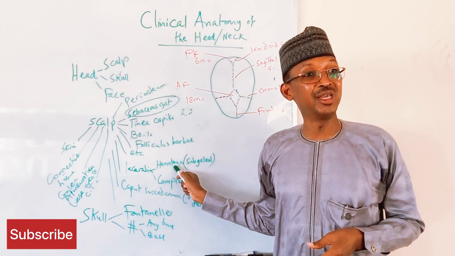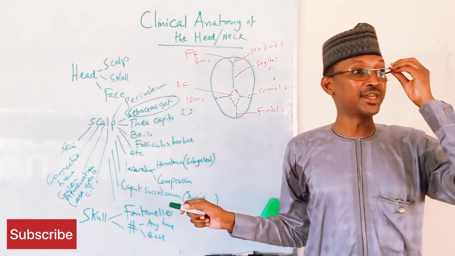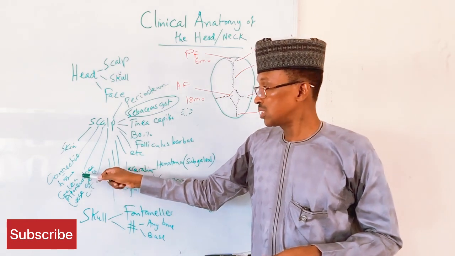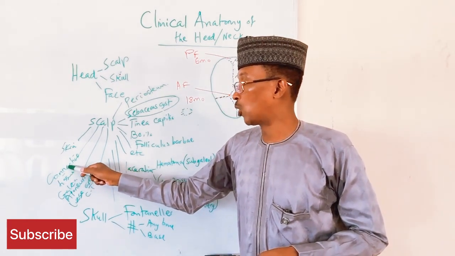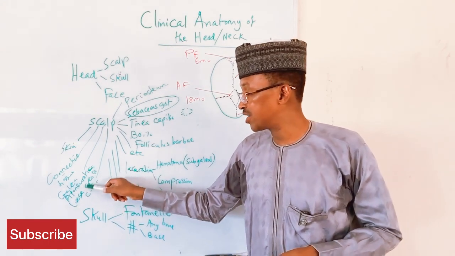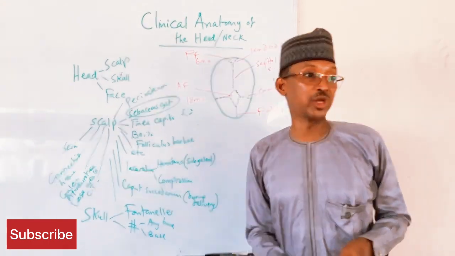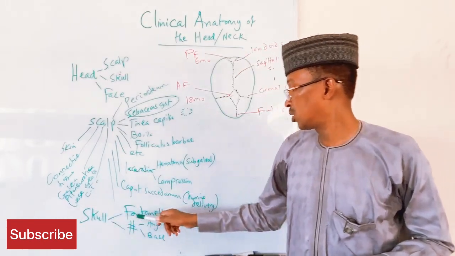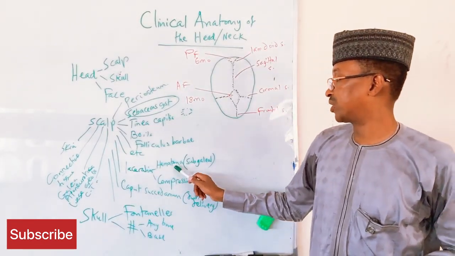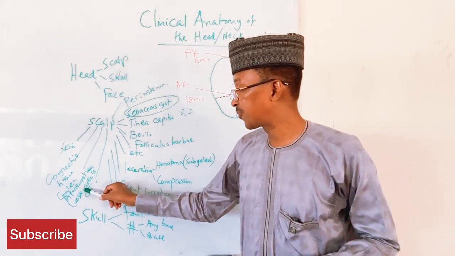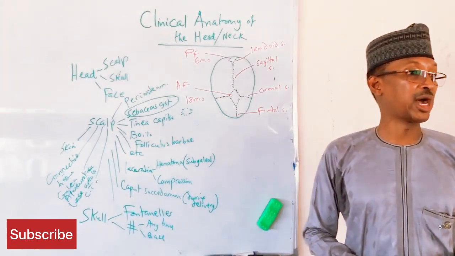So there will be a bleeding underneath the skin, and the bleeding can be either underneath the skin within this connective tissue, or it may be underneath this loose areolar connective tissue. If it is underneath this loose areolar connective tissue, that is what we call subgaleal hematoma. That means the bleeding is underneath the loose areolar connective tissue.